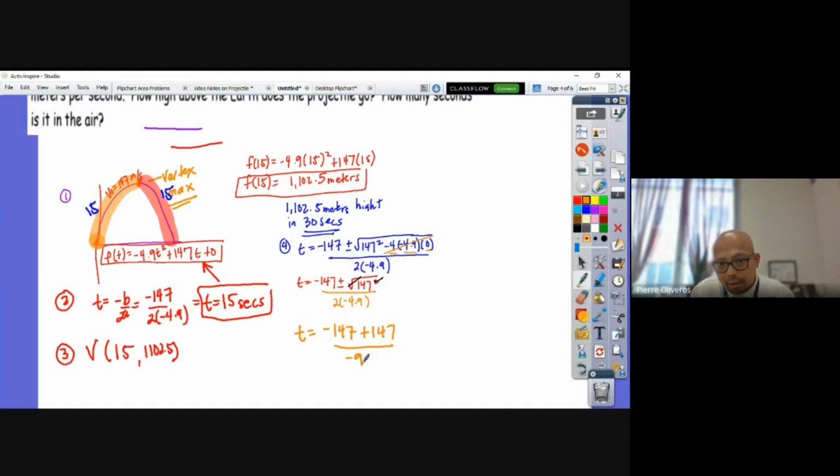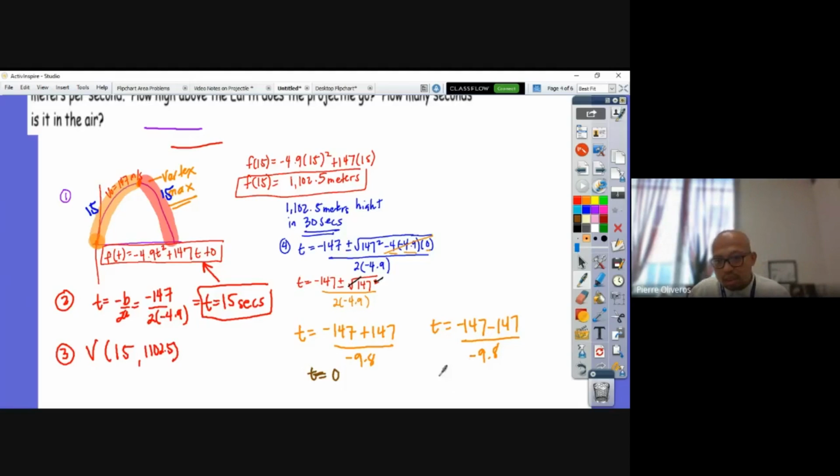And the other one is negative 147 minus 147 over negative 9.8. Obviously, the first will give us a 0, negative 147 plus 147, so t is equal to 0. Negative 147 minus 147, enter, divide by negative 9.8.